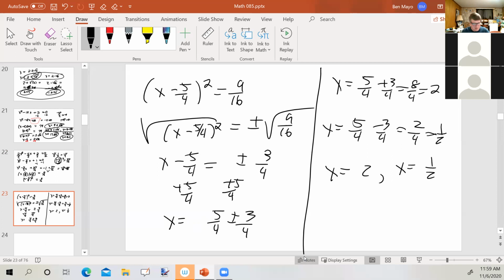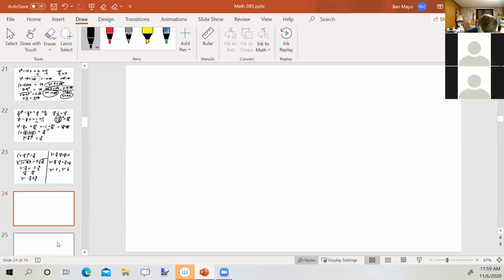Any questions on this one? Okay, let's see here. How are we doing? Let's take a look at this one. 6x squared minus 12x plus 1 equals 0.